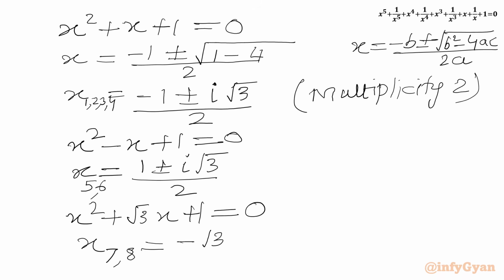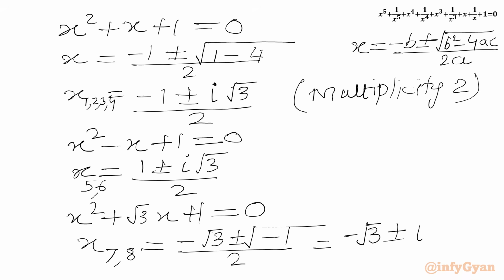So minus square root 3 plus minus square root of root 3 square is 3 minus 4 times 1 times 1. So we are going to get minus 1 over 2 times 1, so 2. So in total I can write minus root 3 plus minus i over 2. Up to here we have 4 plus 2 plus 2, 8 solutions.